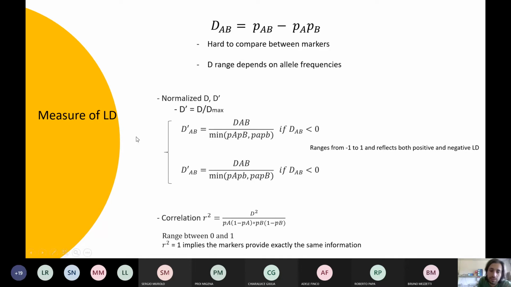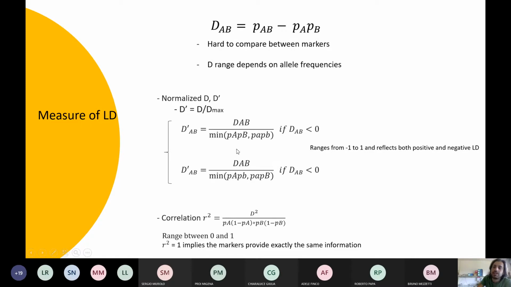In particular, we can have the normalized D, where basically we create a D that is normalized, given by those formulas. In particular, when the linkage disequilibrium between A and B is less than zero, we use as Dmax the minimum.